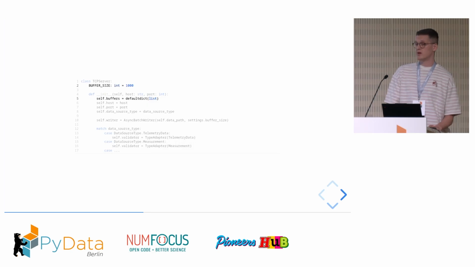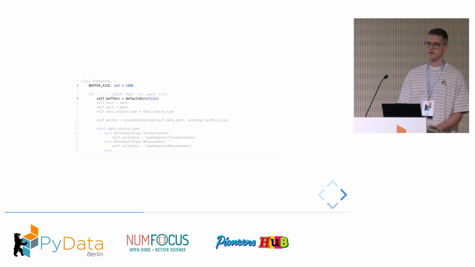We also have a buffer. I think that is highly recommendable because we do not want to write to disk or storage, whatever that is, for every incoming data set, because writing to disk or to S3 storage or a database takes quite a bit of time, and we want to buffer in between so we get more performance out of it.